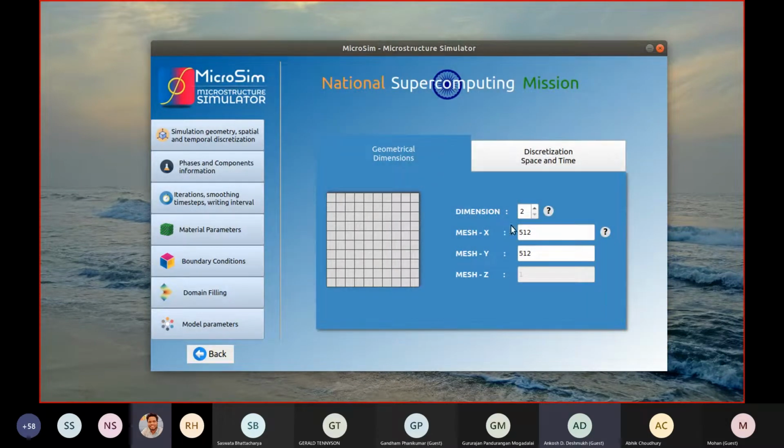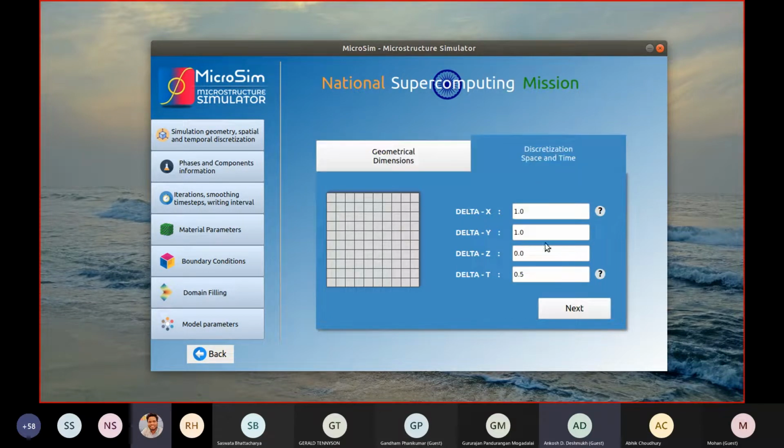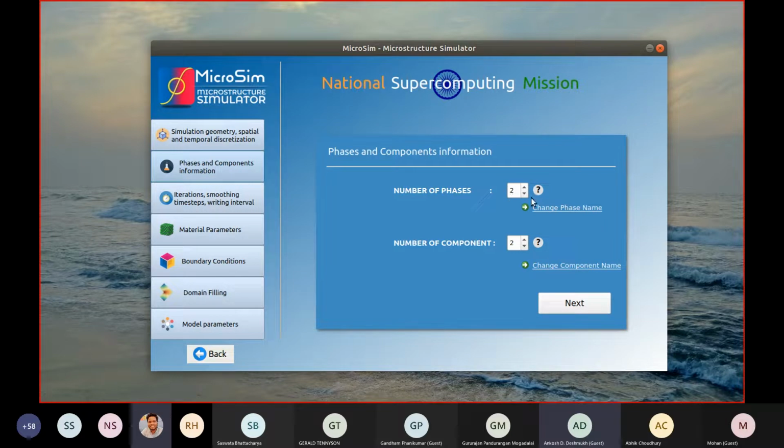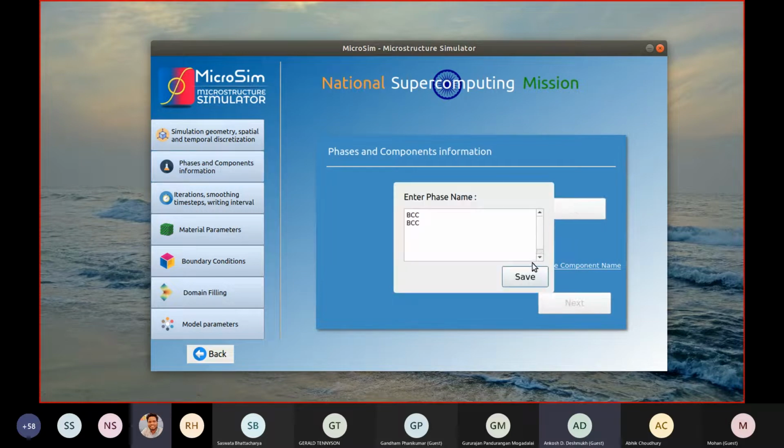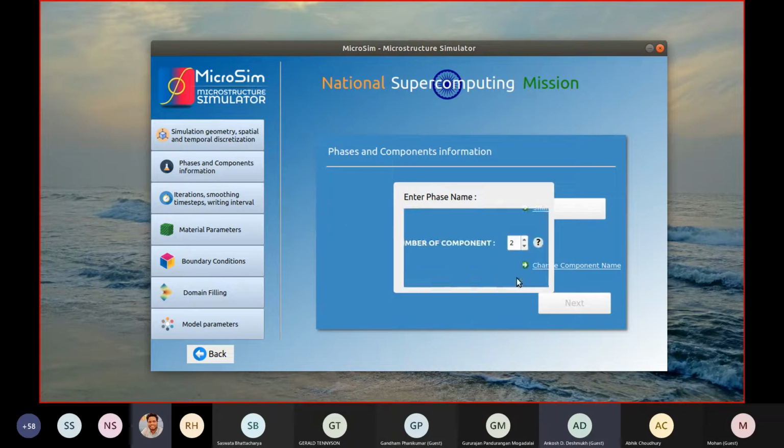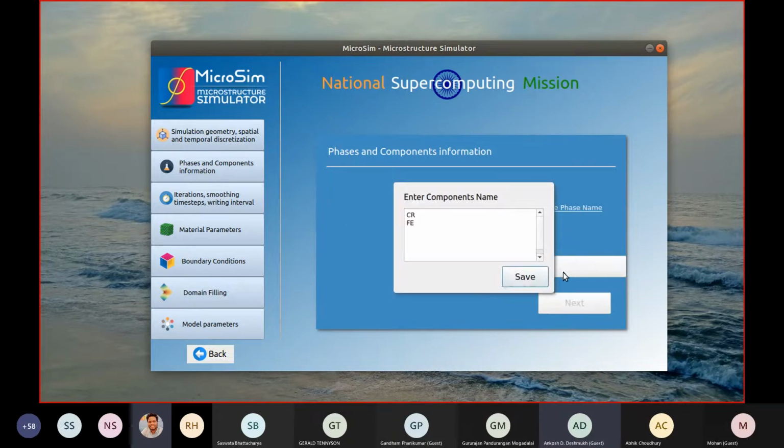I'll just run through these steps because they are repetitive, and we are going to give all the parameters. This particular simulation is for spinodal, so that's why I gave the same names, phase 1, phase 2, which are the spinodal decomposition phases, and the elements are also here.